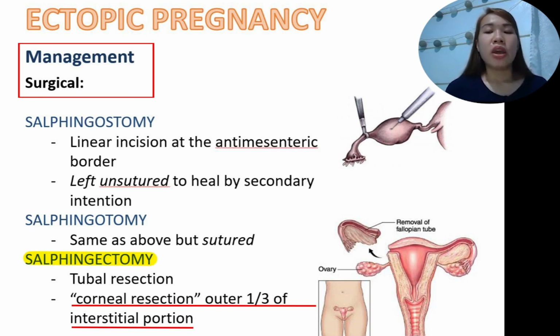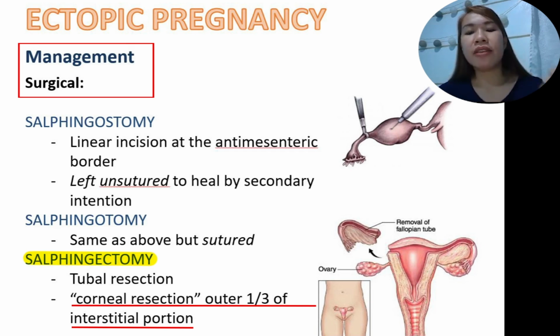Now remember, class, when performing salpingectomy, always make sure that you are able to visualize both fallopian tubes first, because what happens is, if the affected fallopian tube is the left, the contralateral fallopian tube usually manifests with a hematosalpinx.